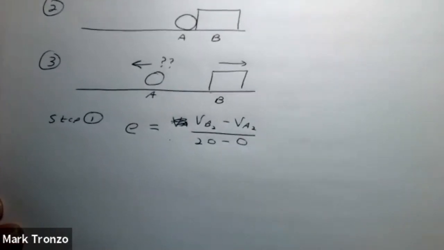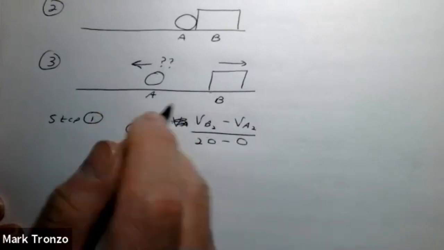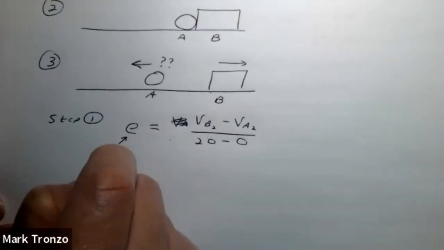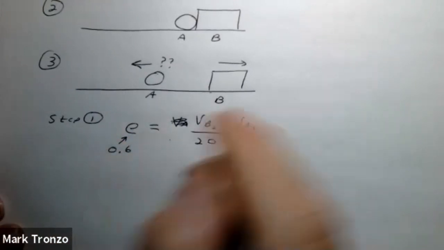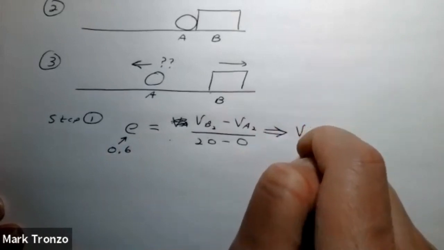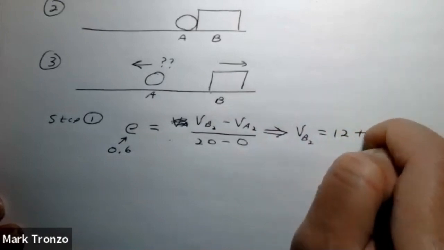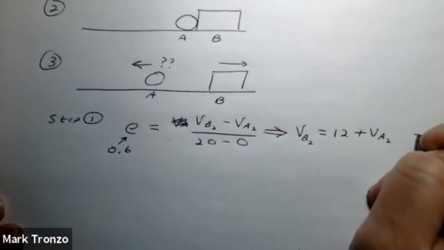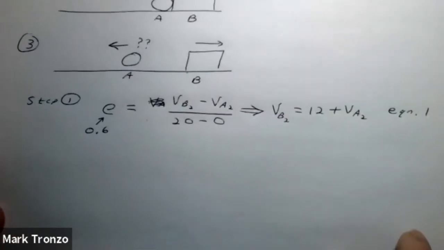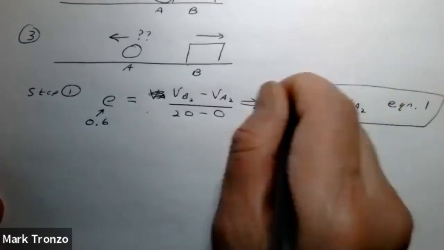And then we're told also that our coefficient of restitution was 0.6. So we can solve this, get maybe VB2 is equal to 12 plus VA2, and we'll call this equation 1.